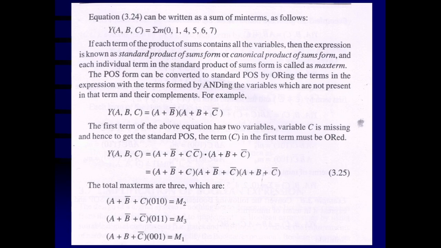in each term, the product of sums contains all the variables. Then the expression is known as standard product of sums form or canonical product of sums form. And each individual term in the standard product of sums form is called the max term now. So previously in the sum of products method, it was mean term.